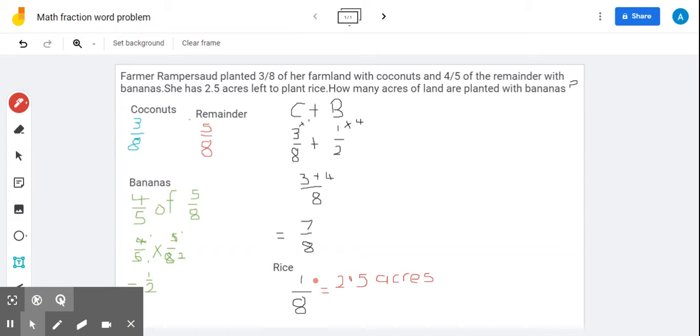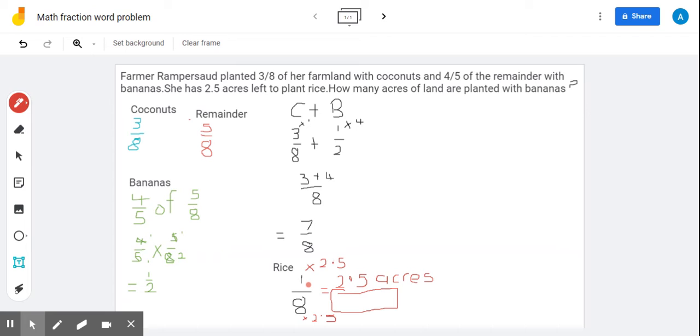Now, if 1 out of 8 parts is equal to 2.5 acres, we can use the equivalent fraction method to determine what the entire farmland is equal to. How many acres of land makes up the entire farmland? Now remember, for equivalent fractions, whatever you do to the top, you must also do to the bottom, whether you're dividing or multiplying.